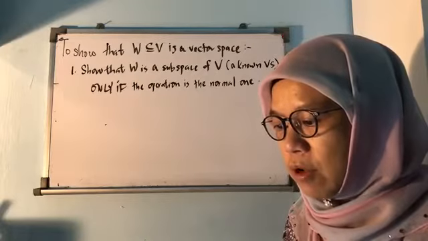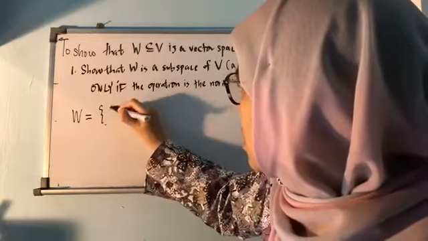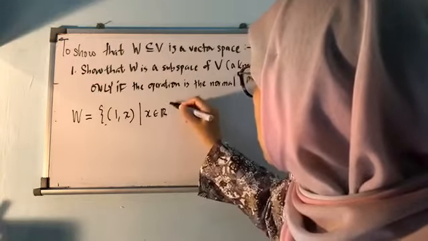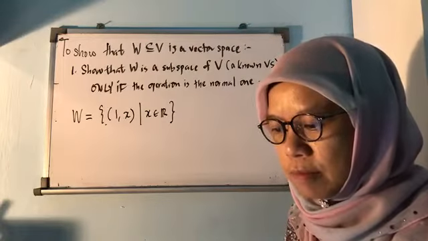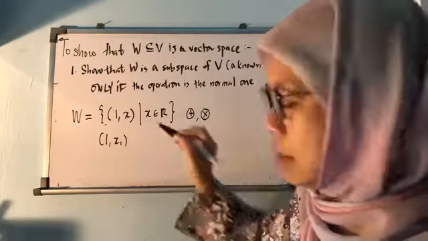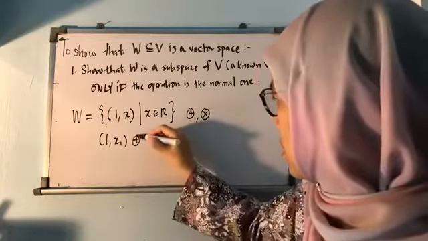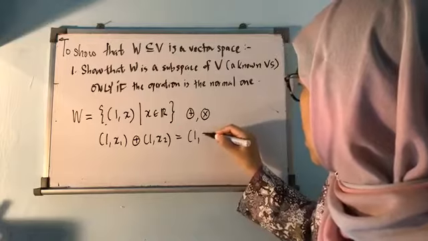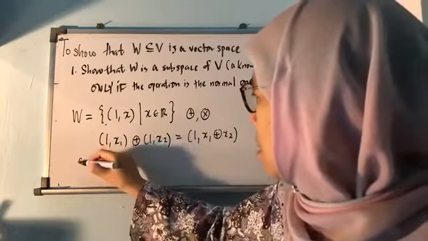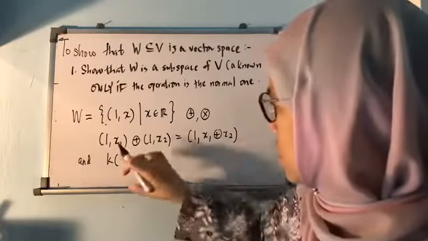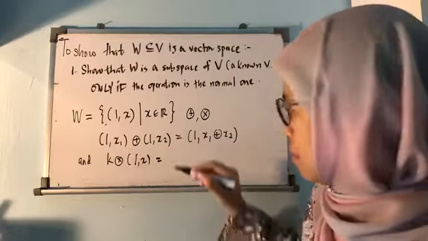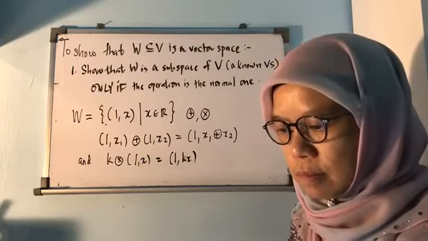Given that W is the set of all pairs of real numbers of the form (1, x), x in R, with two operations defined by: (1, x1) plus (1, x2) is defined to be (1, x1 plus x2), you don't ask me why, because this is given, and k multiplied by (1, x) equals (1, kx).